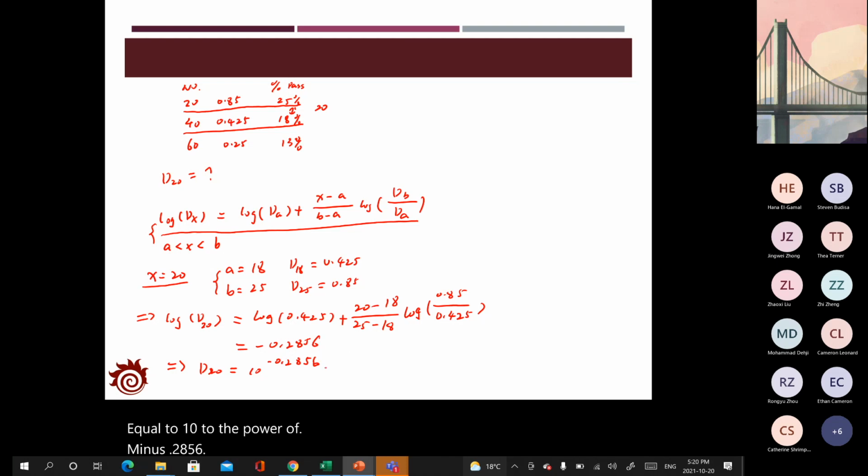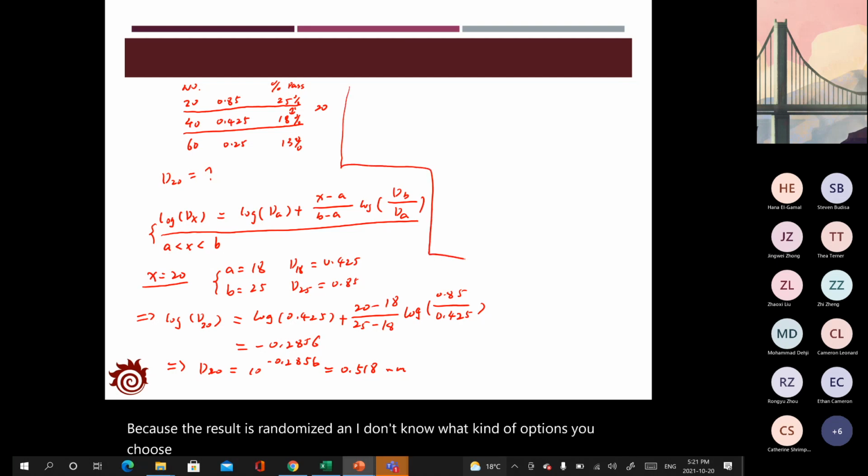That will give you the result as 0.518 millimeters. You should use that value because the result is randomized and I don't know which options you chose, but this is the right answer.